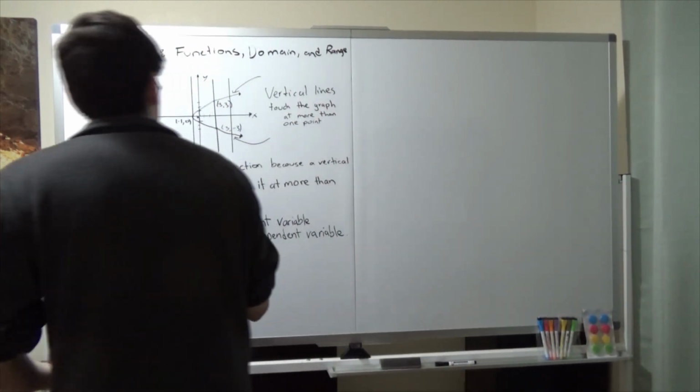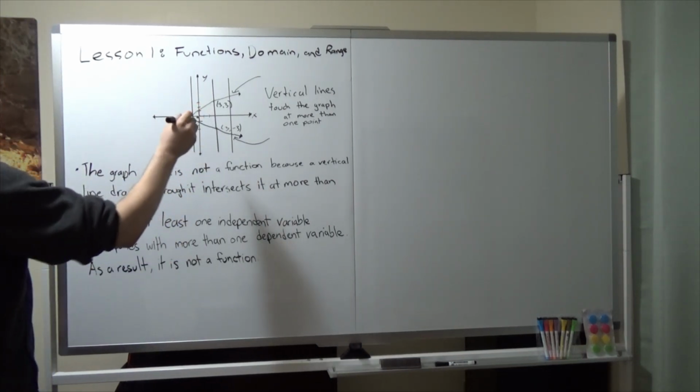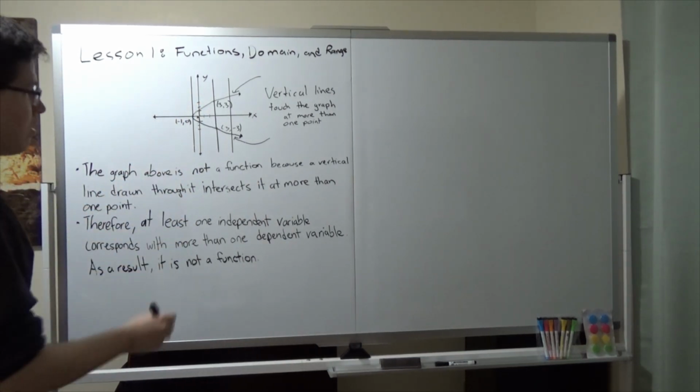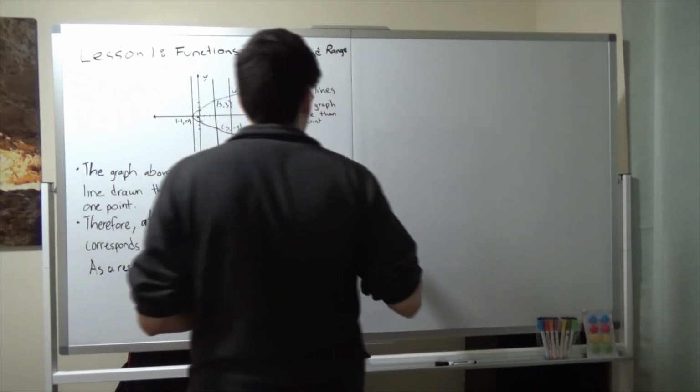So we can see from this graph that the vertical lines touch the relation. We should say relation, not the graph.